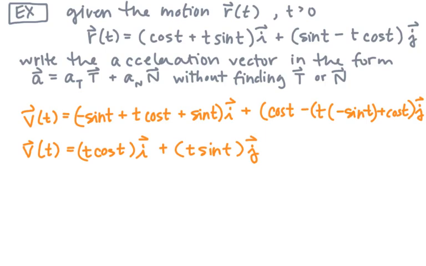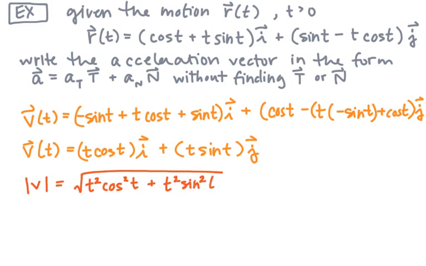Now let's look at calculating the magnitude of v. So the magnitude of v is the square root of t squared cosine squared t plus t squared sine squared t. That cosine squared and sine squared are going to turn to 1 by our Pythagorean identity, which we know from trig.